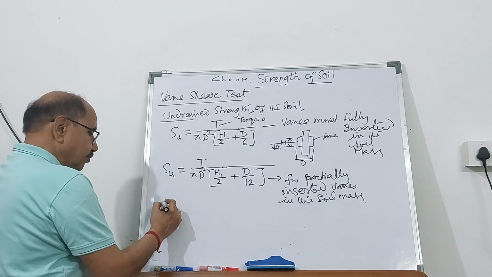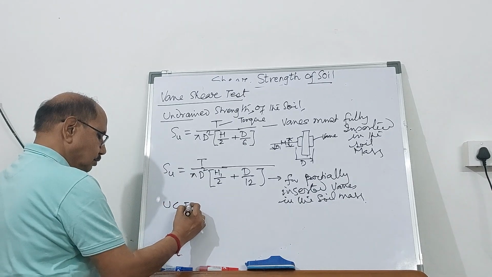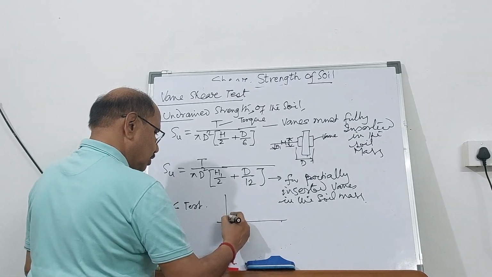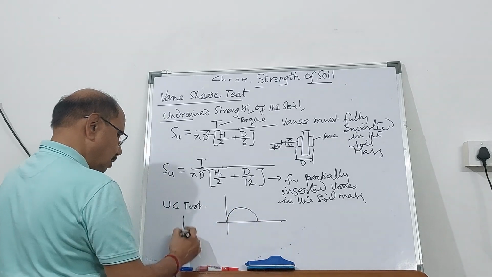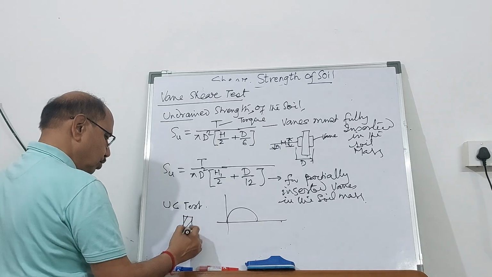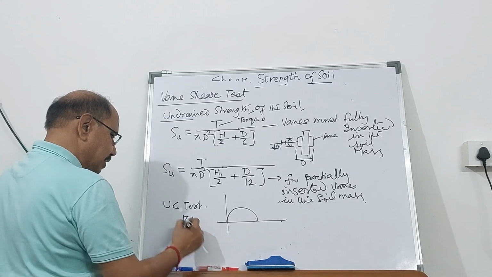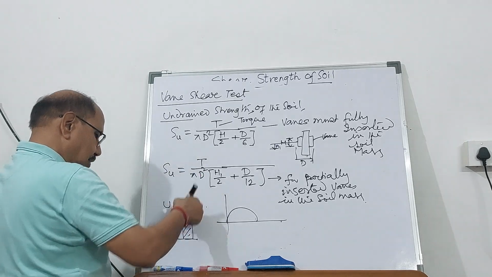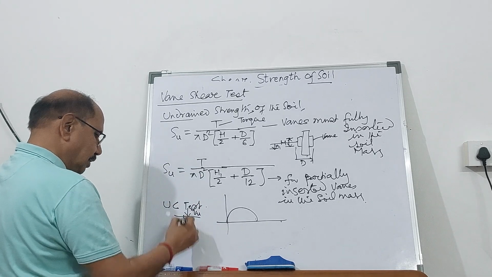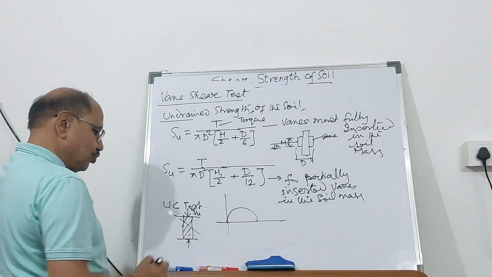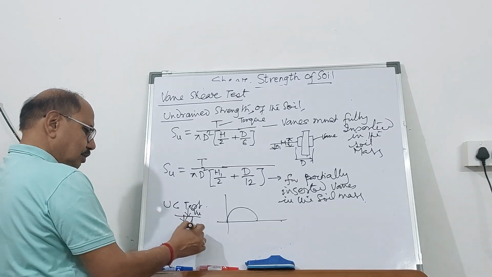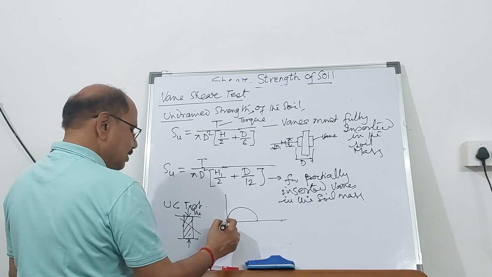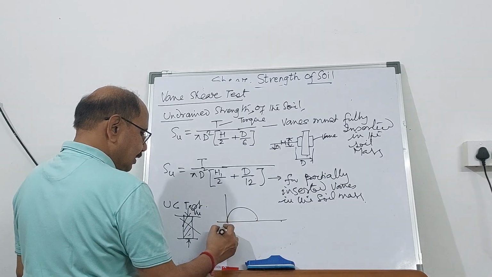You have the unconfined compression test, for which you draw the Mohr circle like this. In the unconfined compression test, you have the clay soil sample and then you apply the vertical axial stress till the sample fails in shear. So there is a shear plane, and here sigma 3 is 0. You don't apply any lateral pressure.